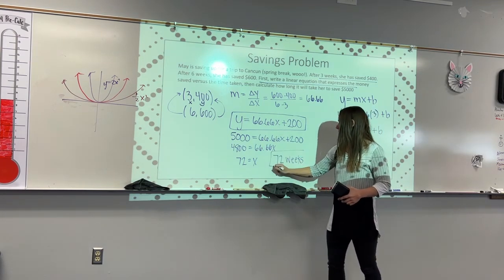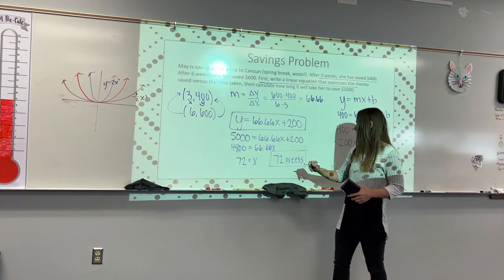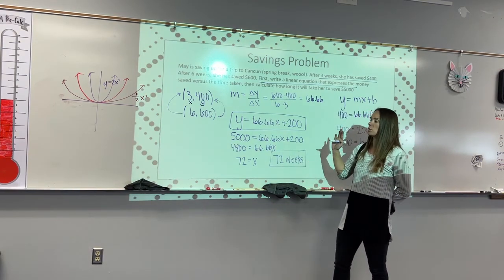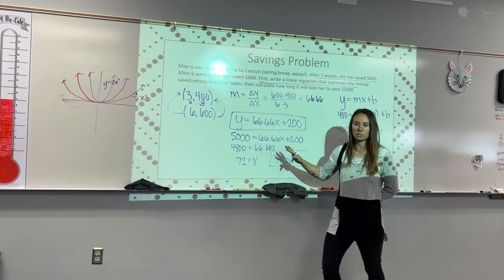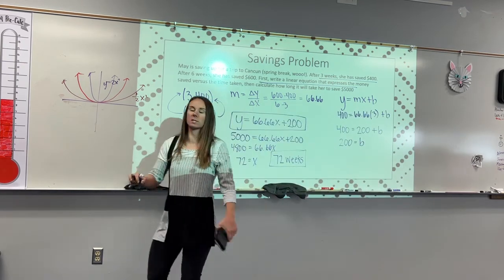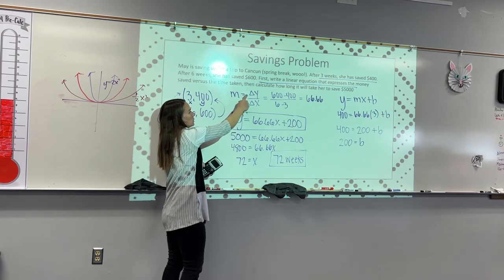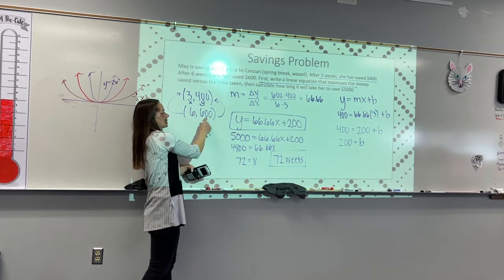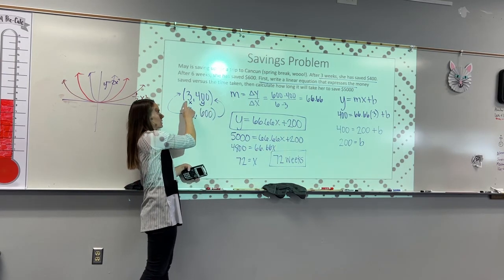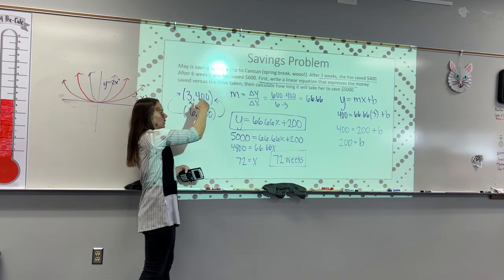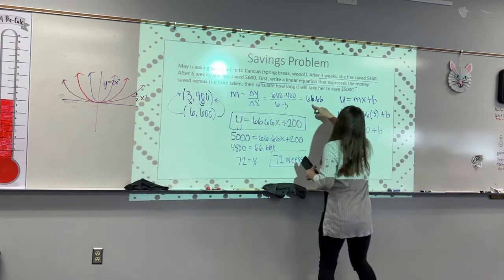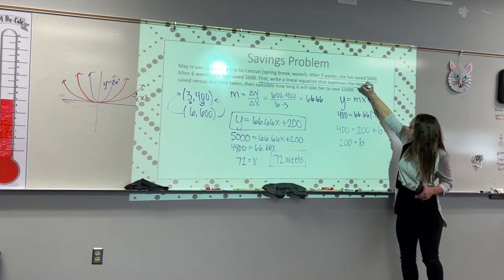Do you feel like you want to do another one of these problems? No. All right, then let me just quickly restate how I did this. So everyone pay attention for one last second. First step, write your 2 coordinates. Next step, find your slope by doing change in y over change in x. That's 600 minus 400 divided by 6 minus 3. Please go in the same order. Once you get your slope, write y equals mx plus b.